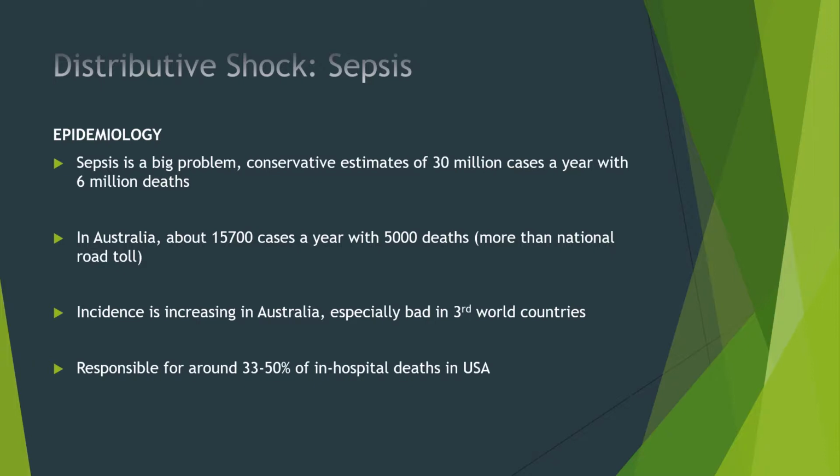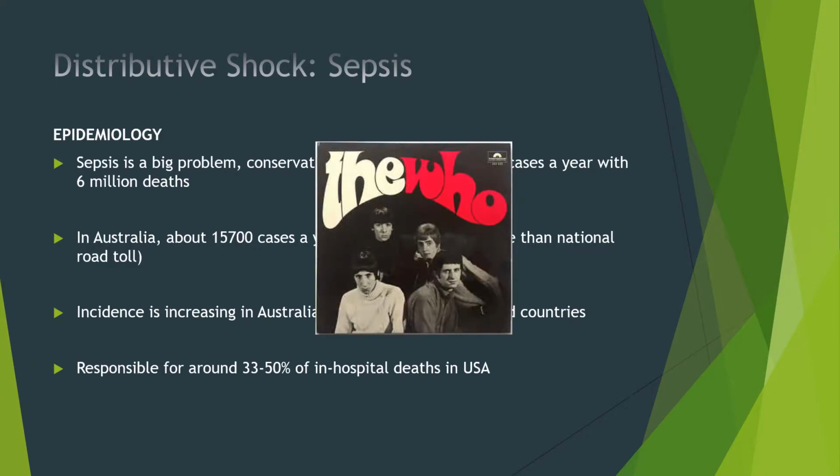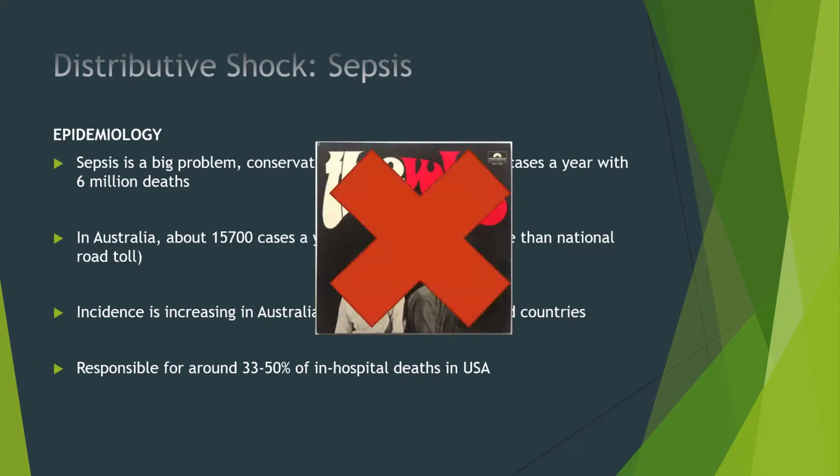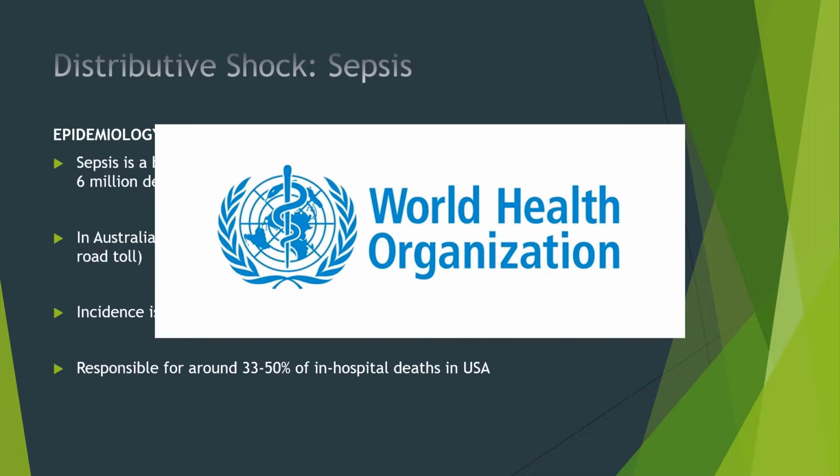Septic shock is thought to be responsible for around 1/3 to 50% of in-hospital deaths in the USA. It's such a big problem that the WHO, no, not these guys, have passed a resolution recently to improve the worldwide prevention, diagnosis and clinical management of sepsis.